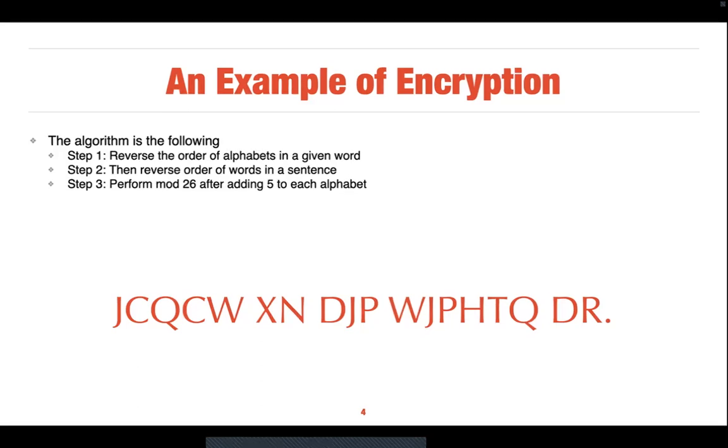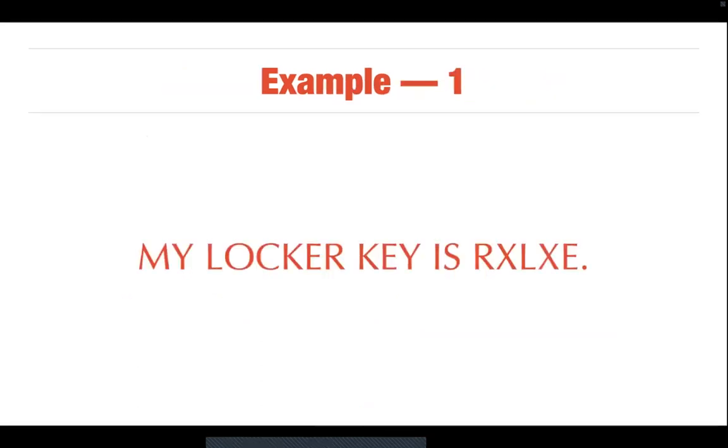So if we talk about the string, the main string was: my locker key is RXLXE. That was the original message, which was encrypted, and in the previous slide I showed the encoded string. Step 1 is we reverse the order of the letters in each word.